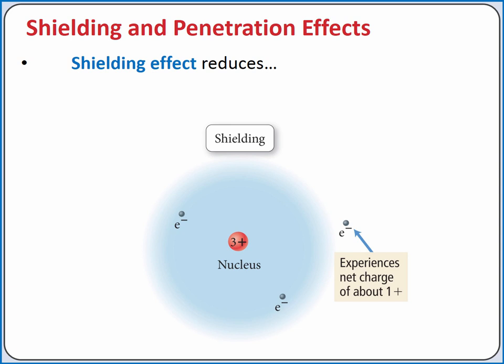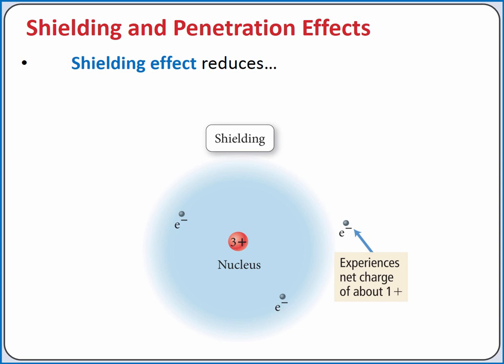Imagine we have a lithium atom. Lithium has 2 electrons in the 1s subshell and 1 electron in the 2s subshell. The electron in the 2s subshell is more likely to be found farther from the nucleus than the electrons in the 1s subshell.